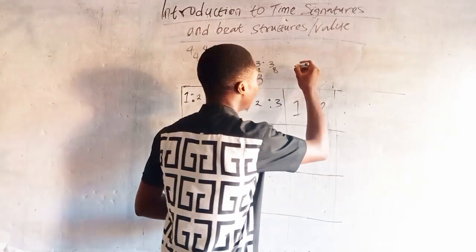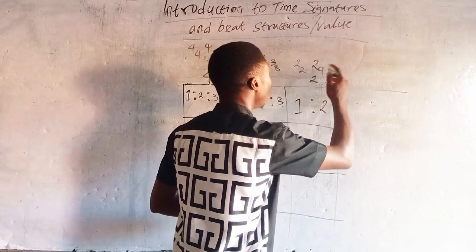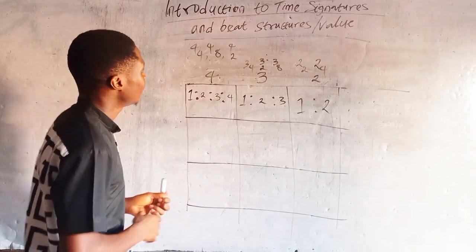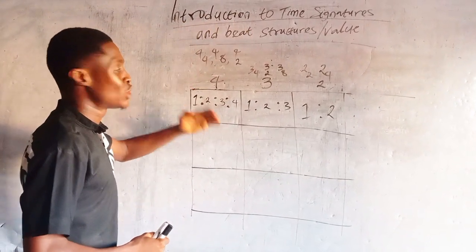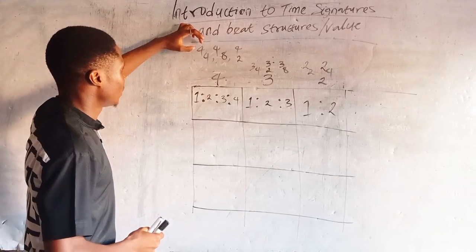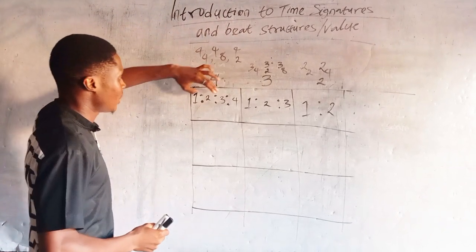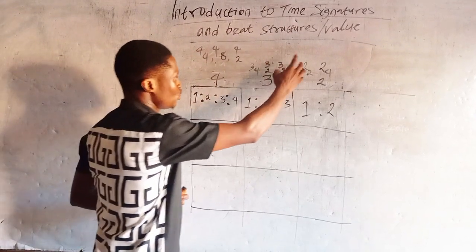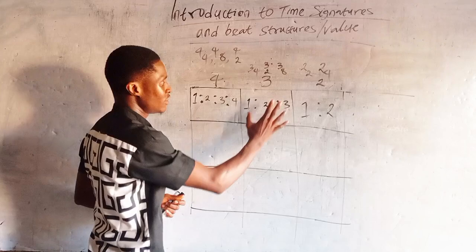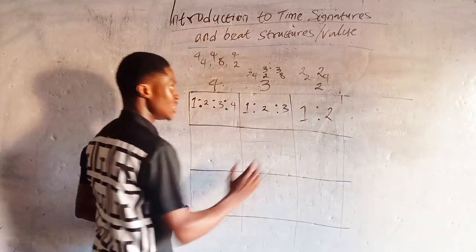For this bar, we could have 2, 2, 2, 4, and so on. Now, 4, 4, 4, 8, 4, 2, because the number above is 4, and hence the number of bits in the bar is 4. 3, 4, 3, 2, 3, because the number above is 3, hence 3 bits in the bar. Number above is 2, hence 2 bits in the bar.